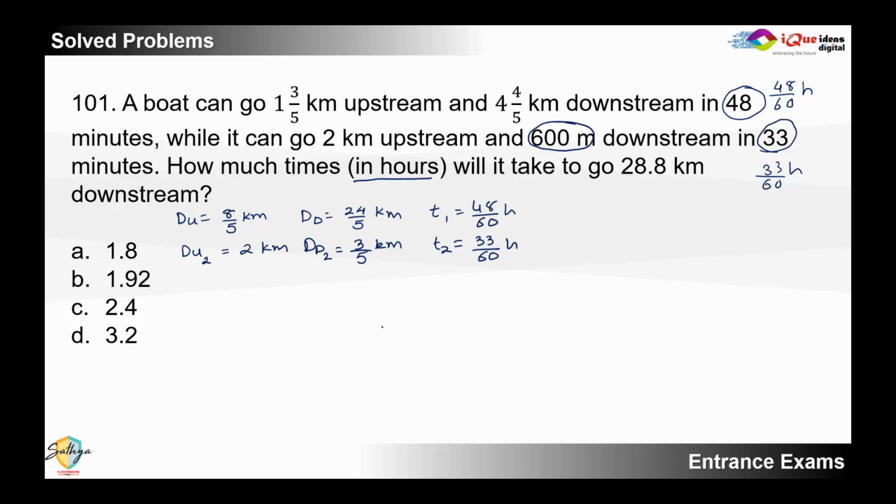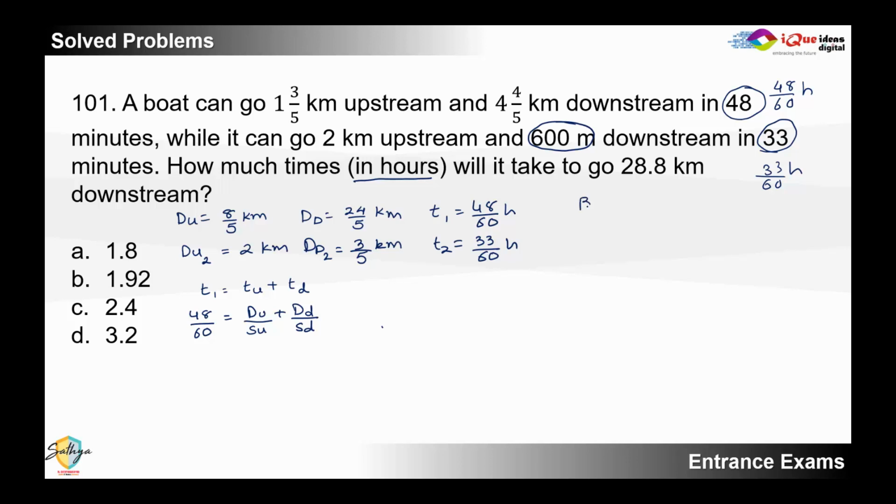Now, I have to calculate the time taken to travel 28.8 kilometers. In the first instance, the total time taken will be the time taken to travel upstream plus the time taken to travel downstream. For time we know the formula is distance upon speed. The speed upstream is speed of the boat minus the speed of the river, and the speed downstream is speed of the boat plus the speed of the river.